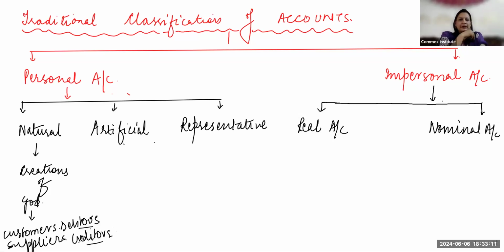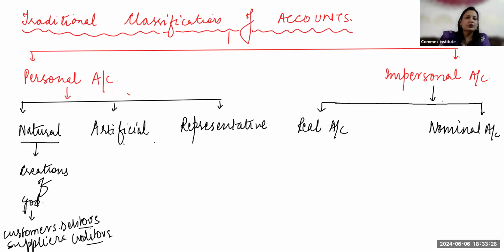All these are my personal natural accounts, the natural creations of God. Ram account, Shyam account, Mohan account, all those names which we have done. Okay, examples you can write.